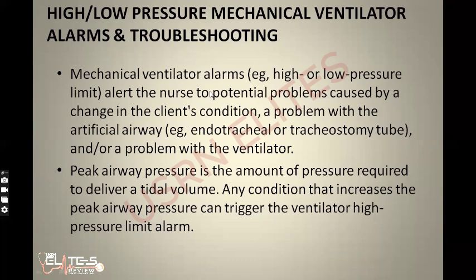For every alarm in relation to a particular setting, being tidal volume, I'm giving an example, being, let's say, minute ventilation and all of that, we have alarm limits that we set.